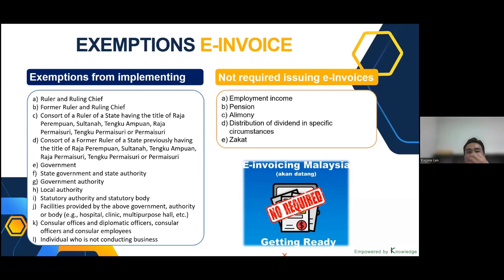But if you're a listed company giving dividends to all your shareholders, that one you don't need to prepare self-bill e-invoice, because that is not considered an expense to the company. So you don't need to. The last one is regarding zakat. Zakat also doesn't need e-invoice.